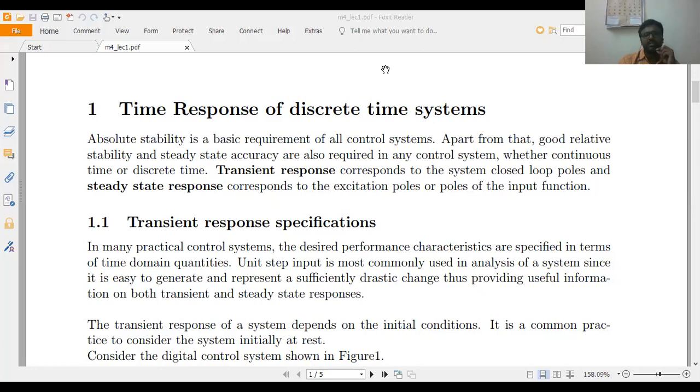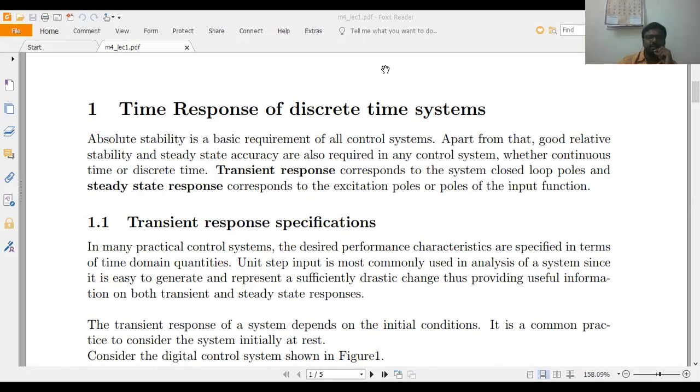The transient response is related to the closed loop poles of the system. Similarly, the steady state response is related to the poles of the input function, whether it is a unit step, ramp, parabolic, etc.